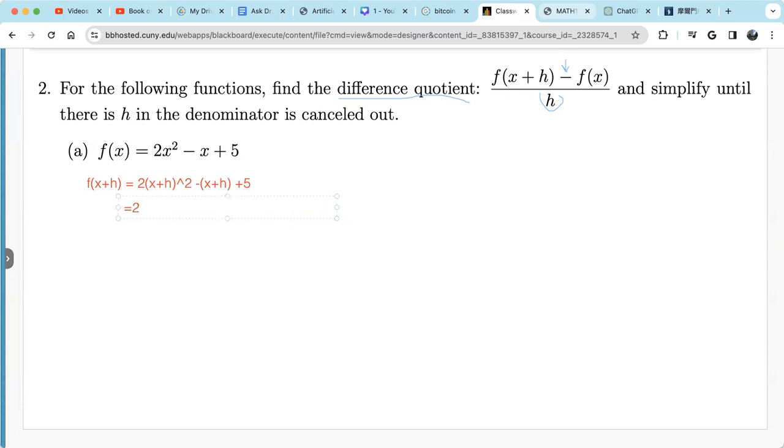So 2 times x plus h squared called perfect square. So x squared, first one squared, plus 2 times the first one times the second one. That's 2 times x times h. Then plus second one squared, which is h squared. Then minus x minus h plus 5. We'll get rid of the parentheses for x plus h.